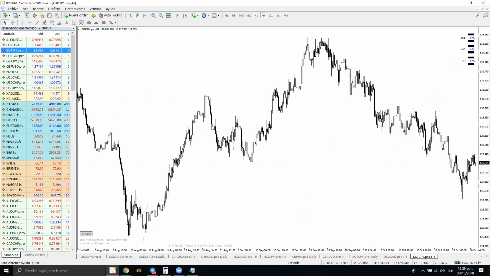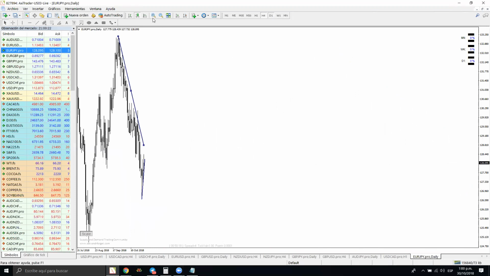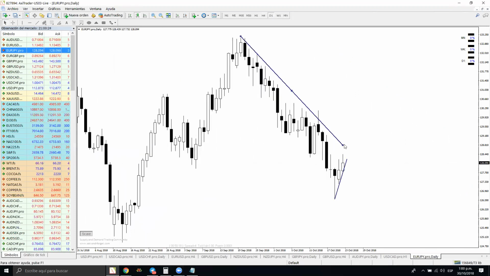Now, we have something here, H4. The market has been falling down, falling down. The market is respecting its trend. At this point, we can make some basic analysis. This is a pullback, and we can make some kind of candles. I really like to do this on the daily. It's going to be easier.